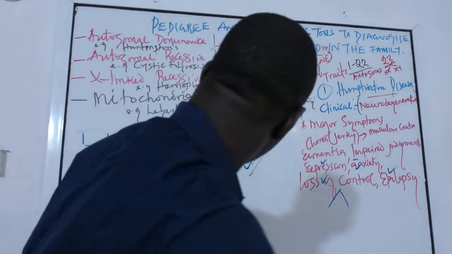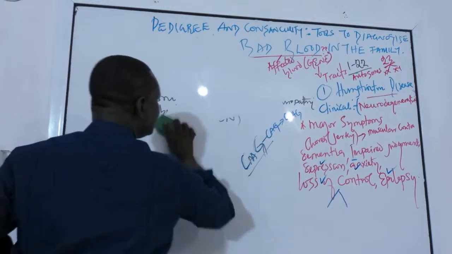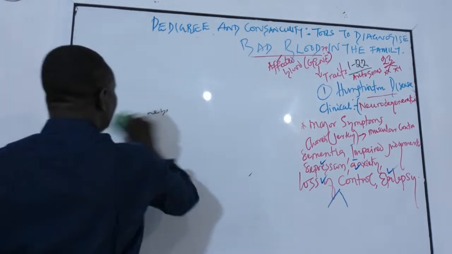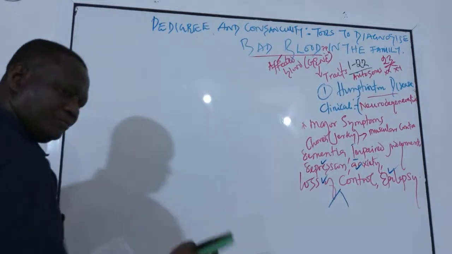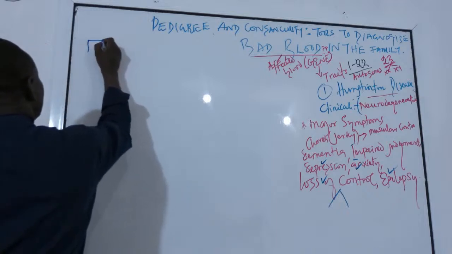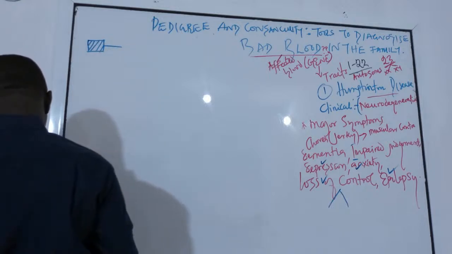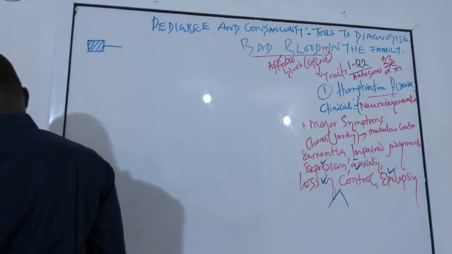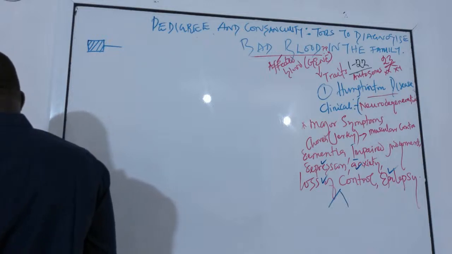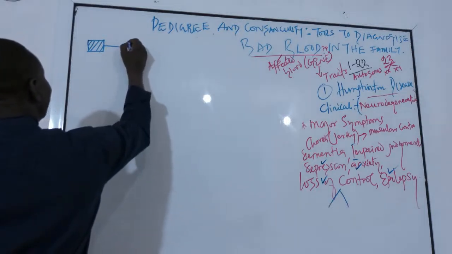So the father will be affected. The person will now marry somebody who is normal, somebody who is unaffected.